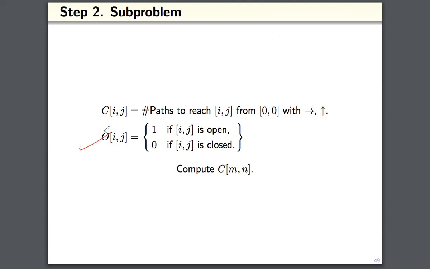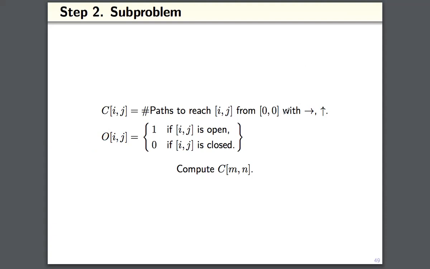That cell is open to pass through. If it is 0, that means there is a blockage. You cannot pass through. That is also an input to this problem, right? We need to know that. Okay, now the subproblem remains the same.